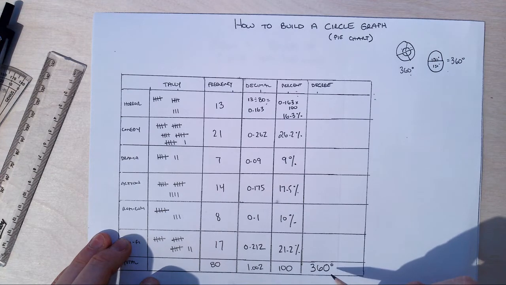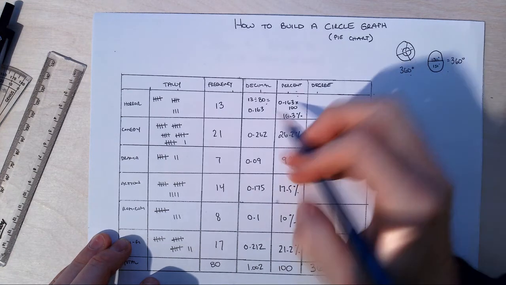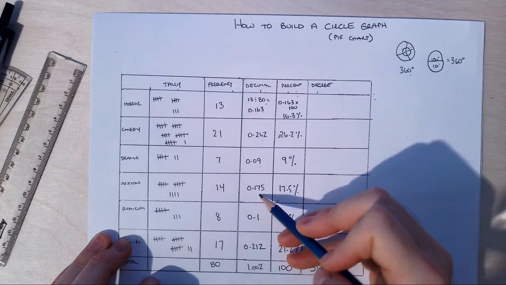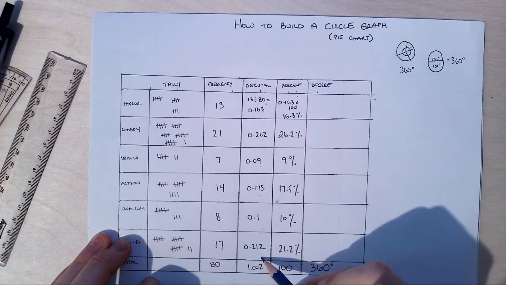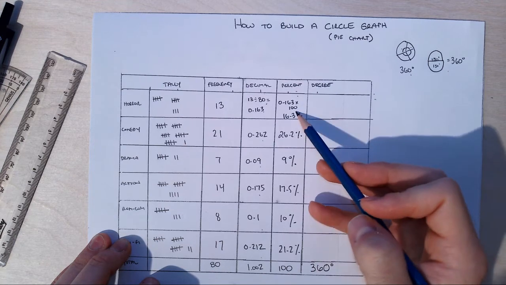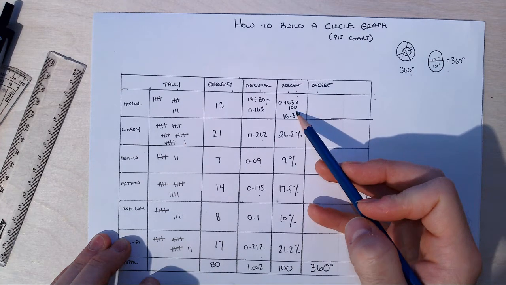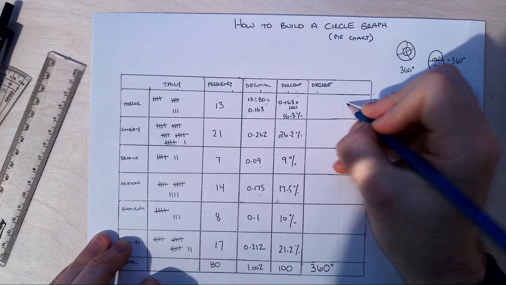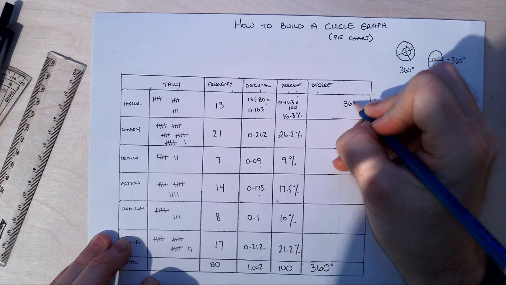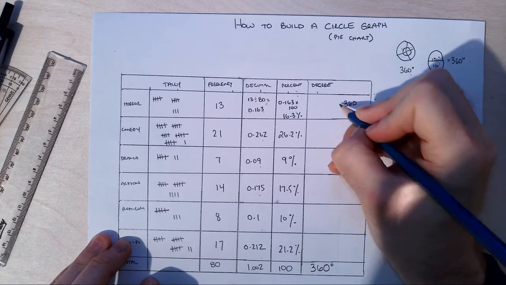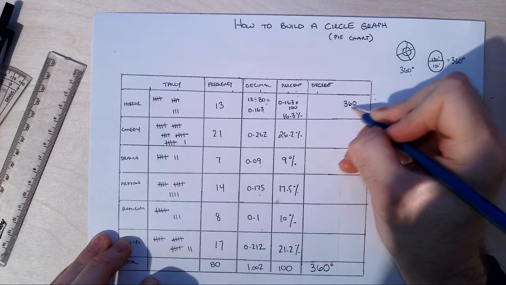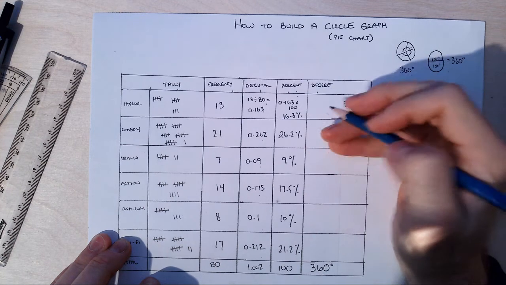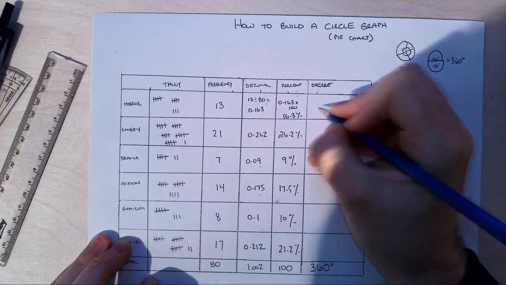Well, that's pretty simple. What I'm going to do is take the decimal of each category, and instead of multiplying it by 100 to get a percentage, I'm going to multiply it by 360 to see what part of 360 degrees is each category. So the first one I'm going to do is 0.163.